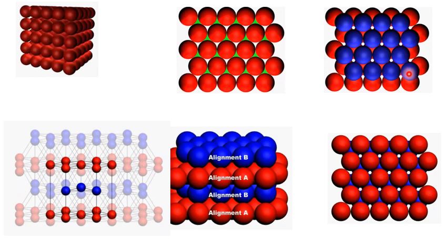If we need to place a third layer on the second layer, we have two possible ways. The first one is placing the third layer on the depressions of the second layer, to cover these voids.